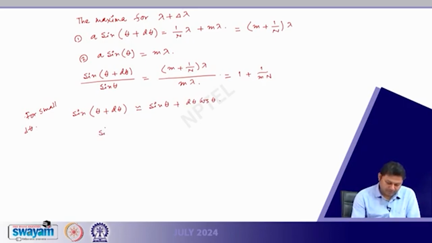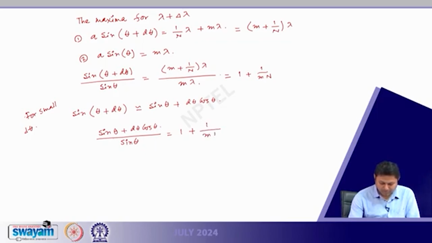So, here we have sin theta plus d theta cos theta divided by sin theta is equal to 1 plus 1 by m N. So, we have d theta is equal to something like 1 by m N tan theta.